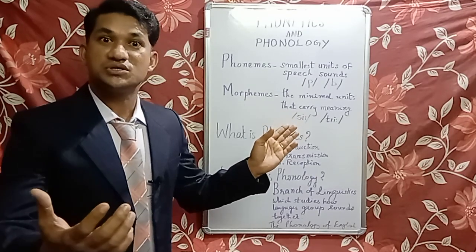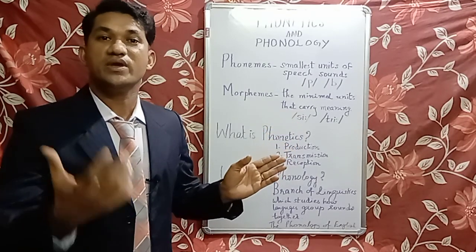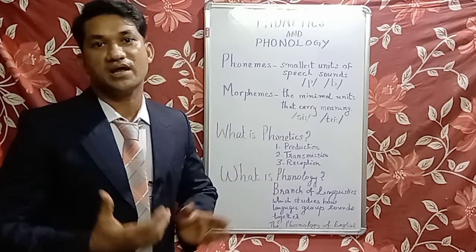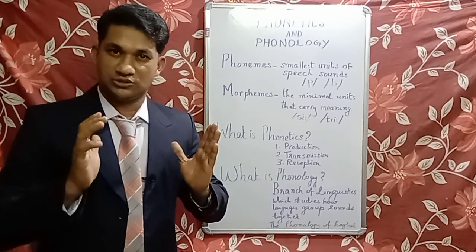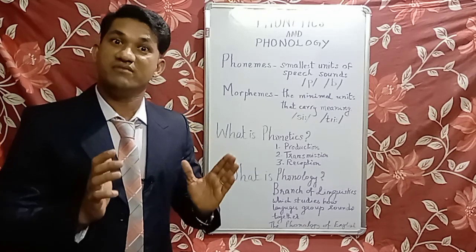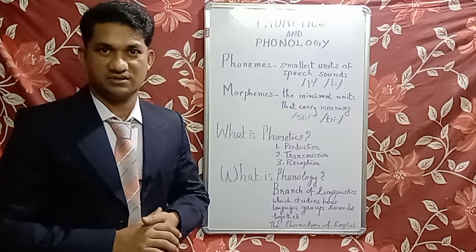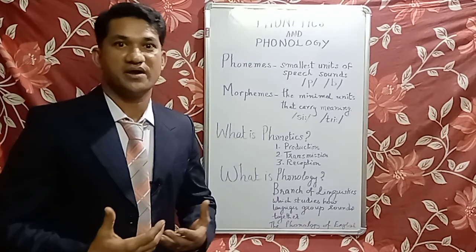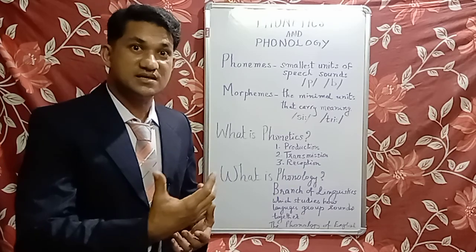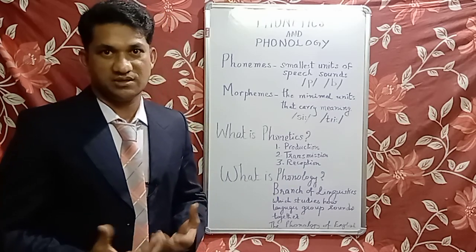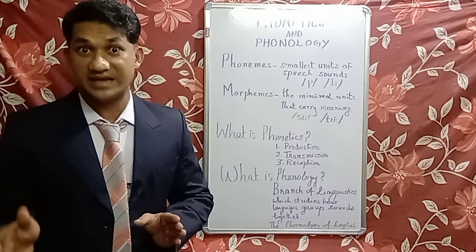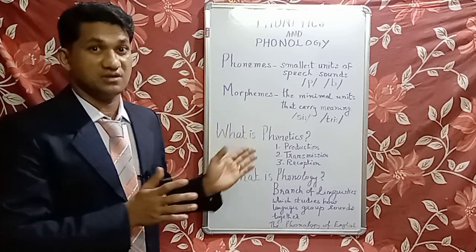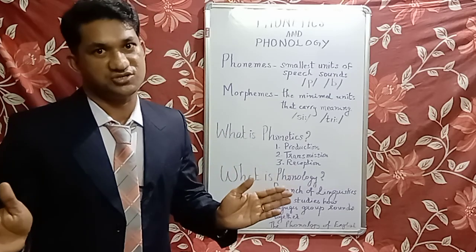Likewise, if I ask you how many phonemes we have in the English language, I'm sure you would say we have a total of 44 phonemes, which are further divided into vowels and consonants. But we are not going into the discussion of vowels and consonants today. Today we discuss phonetics and phonology.